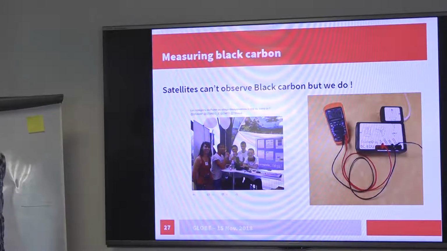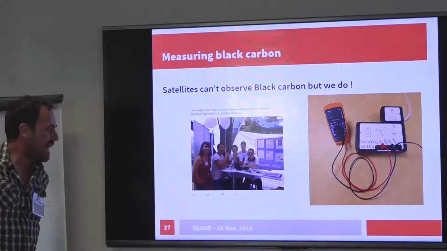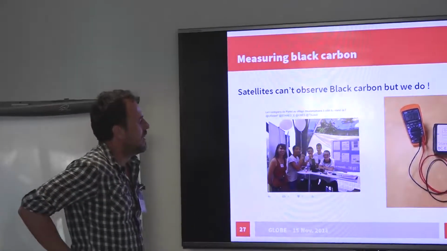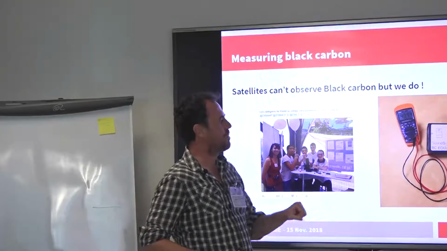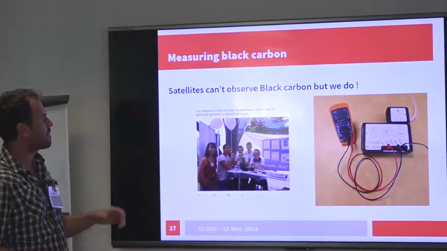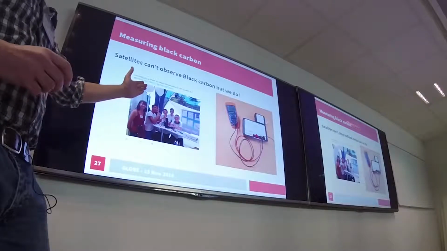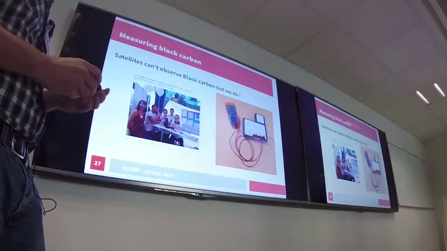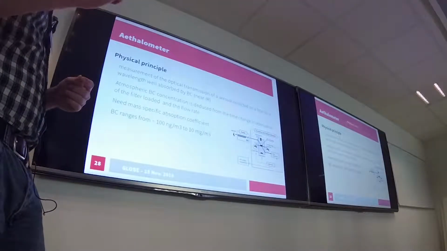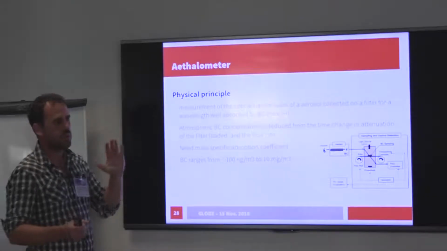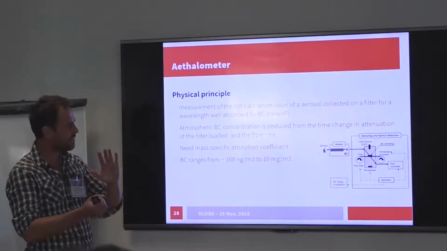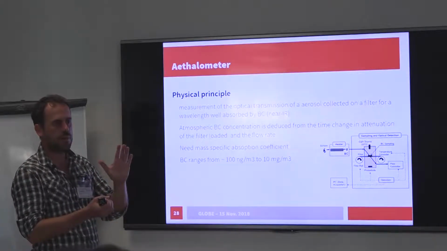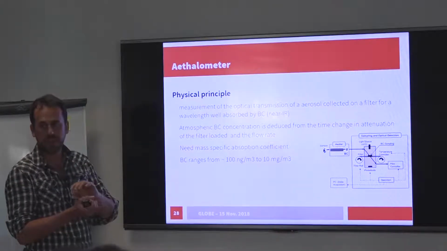Because we are really interested in black carbon, we want to measure it. We use very expensive scientific instruments, and we also use a very simple instrument and work with schools. We have one advantage over the satellite: we can really measure black carbon, while for the satellite there is no black carbon product. The physical principle is to collect the aerosol on a filter and then measure the transmission of the filter at a wavelength where most of the light is absorbed by black carbon.